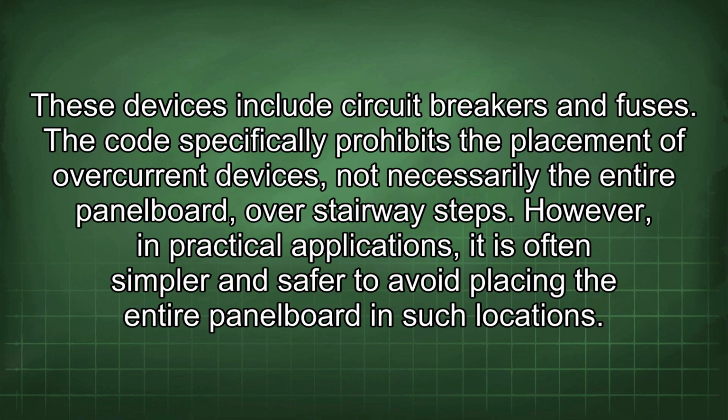These devices include circuit breakers and fuses. The code specifically prohibits the placement of overcurrent devices, not necessarily the entire panelboard, over stairway steps. However, in practical applications, it is often simpler and safer to avoid placing the entire panelboard in such locations.